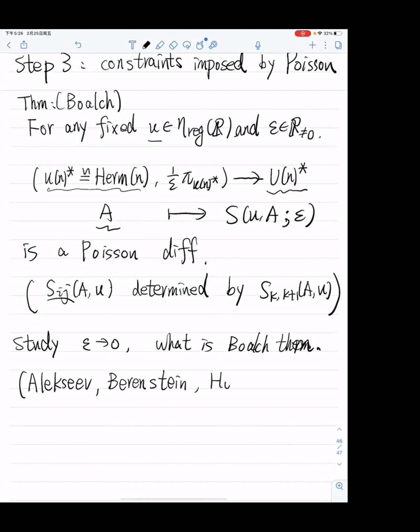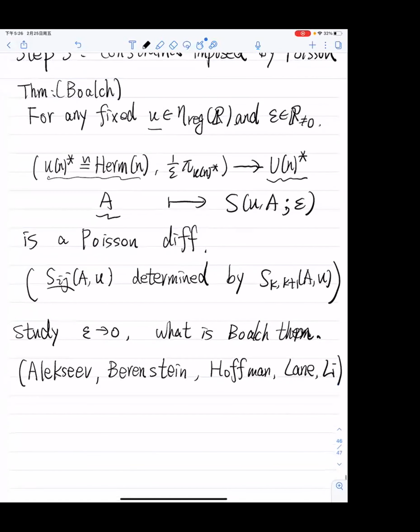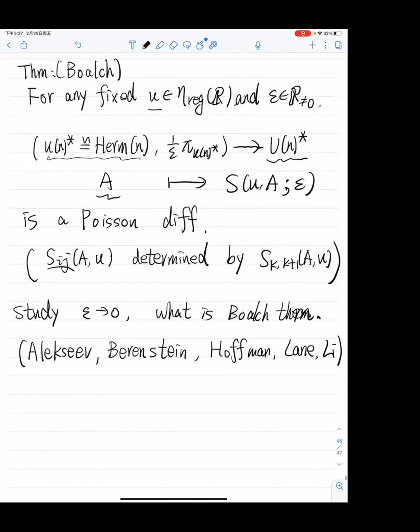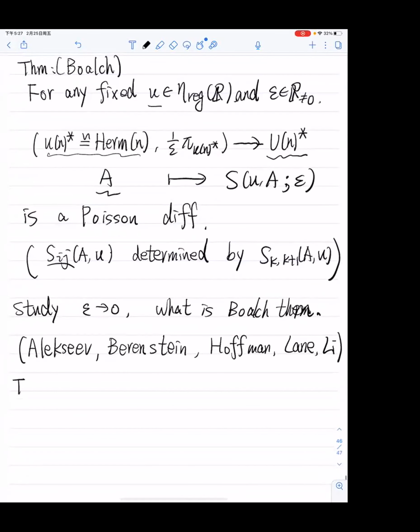Let me just write all of their names: Hoffman, Jeremy Lin, and Yanpeng Li. Right. So their theorem can be simply summarized as follows.